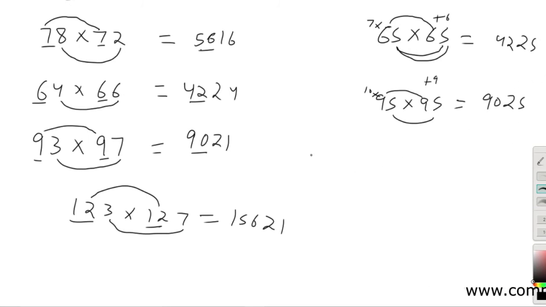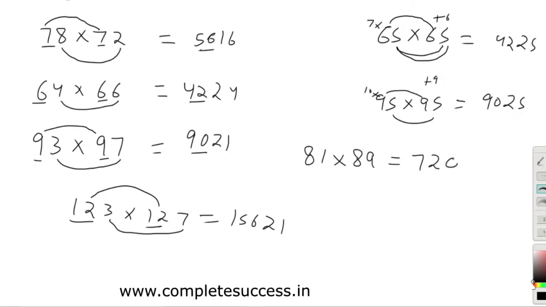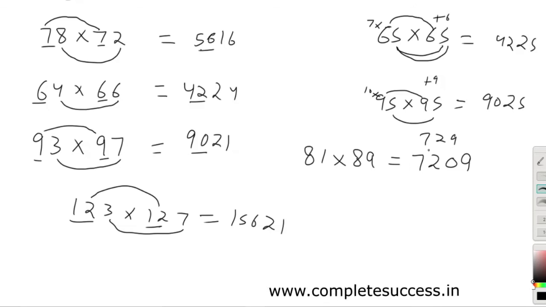Now, what is 81 into 89? Here sometimes students simply write 729. Is it possible it can be 729? What is 80 into 80? We have logical sense, no?